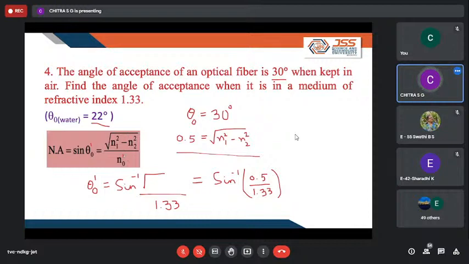N naught dash represents that the fiber is in water. You have to calculate theta naught dash, or theta naught water. So it becomes sine inverse of square root of n1 square minus n2 square by n naught dash. According to equation 1, square root of n1 square minus n2 square is half, so 0.5 divided by 1.33. Whatever you get, take the sine inverse of that, and you'll get 22.08 degrees, right?